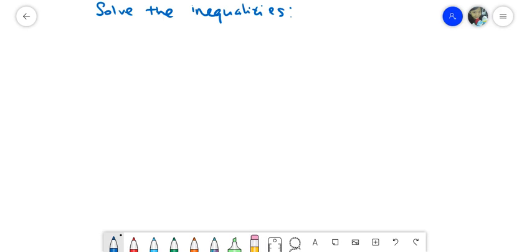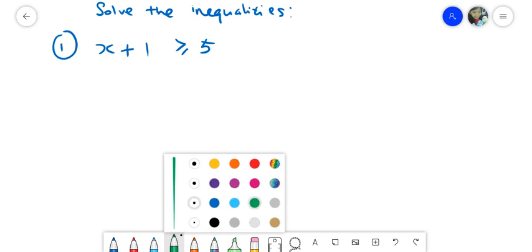The first question: x plus 1 is more than or equal to 5. So how to solve this?